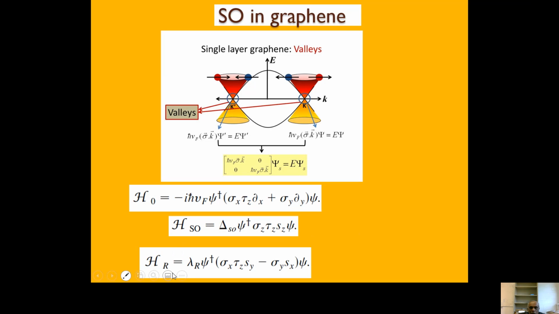Then we can write this Rashba term as some constant times psi plus, so you can write basically this times minus sigma y sx. So we can easily manipulate this spin orbit coupling in terms of Pauli matrices like we discussed in the case of graphene.